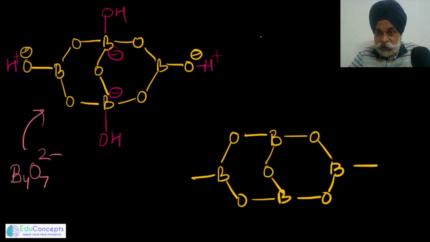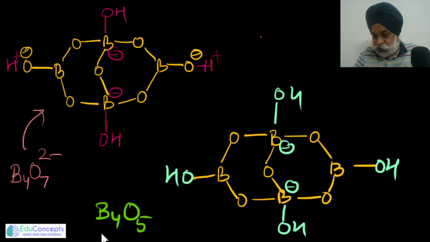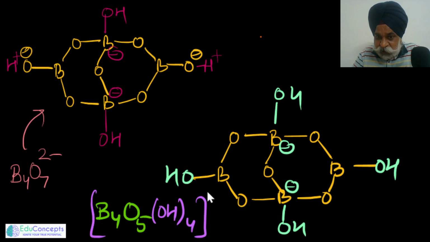So what we get in this particular case is one OH goes here, OH goes here, and this turns out to be this particular structure. In formula form, we wrote B4O5, these 5 are the BOB bonds, and there are 4 OH groups, with 2 negative charge.